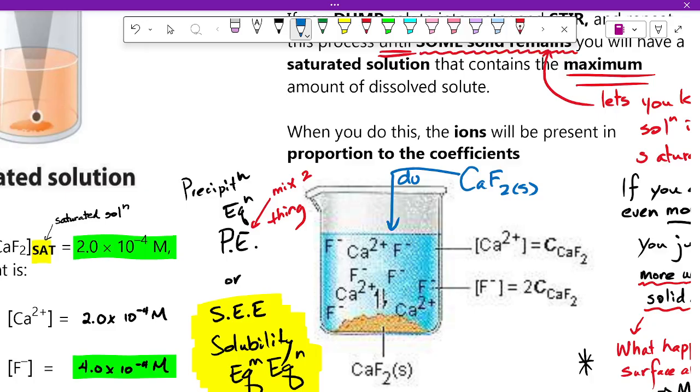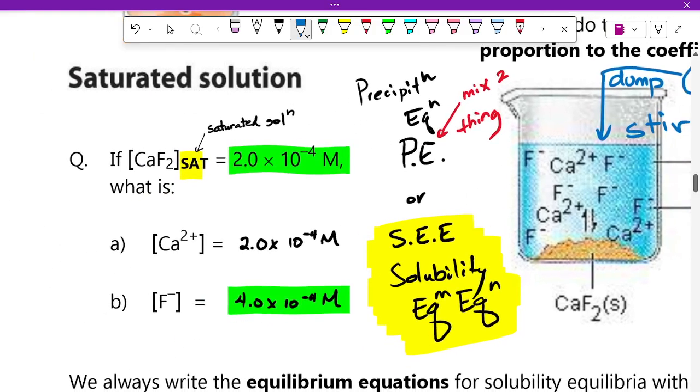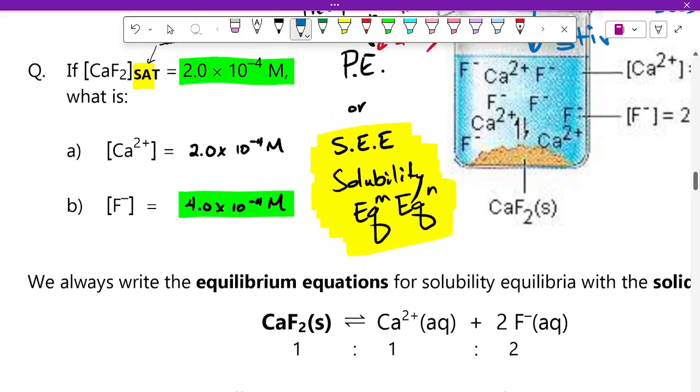We dump it in and we stir. And what that means is if we dump it in and stir, then this will be a 2-to-1 ratio, or a 1-to-2 ratio.